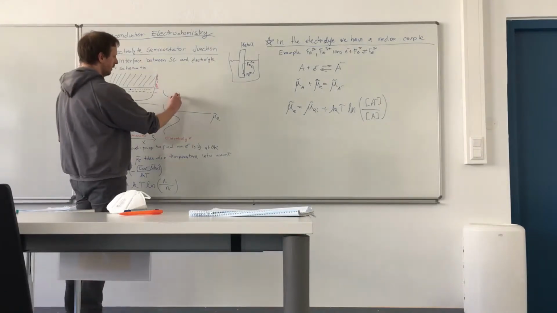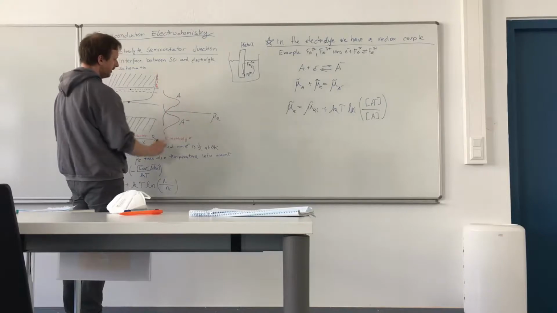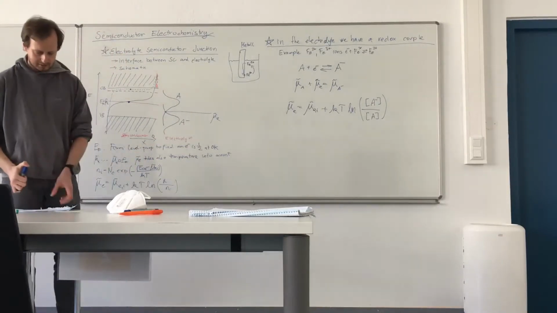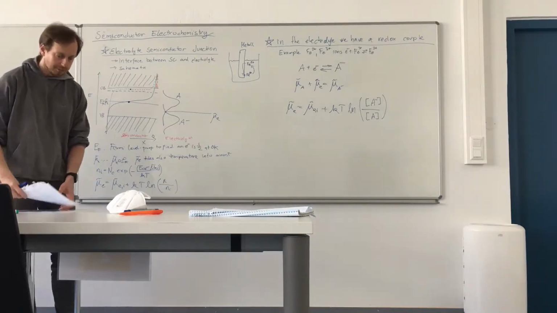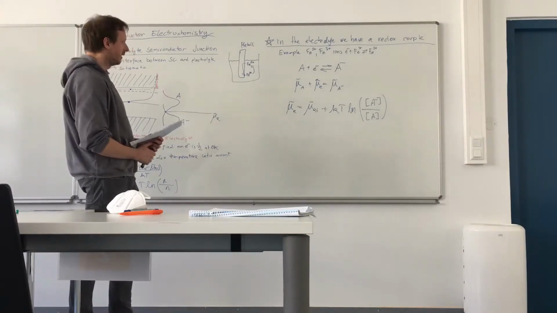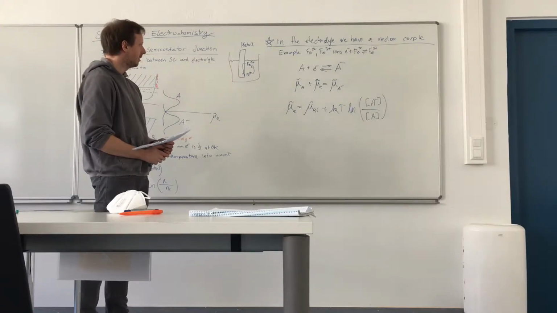So this is the energy distribution of the A and A minus species, and the intersection between the two Gaussians determines the electrochemical potential. So hopefully this is somehow clear to you, or at least my hope was to give you an idea of what I'm talking about.